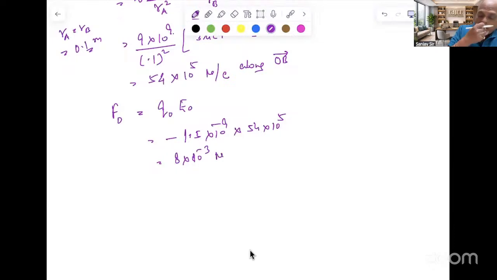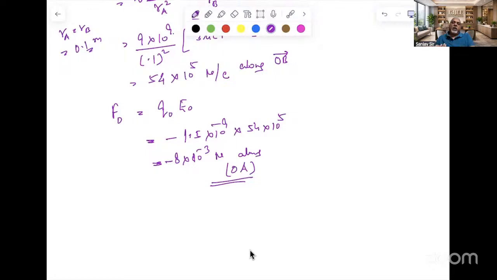But now here this is minus. The electric field direction was along OB, but since it is a negative charge, the force will be along OA. Suppose if you put a positive charge, naturally the force would have been along OB, in the direction of the electric field.